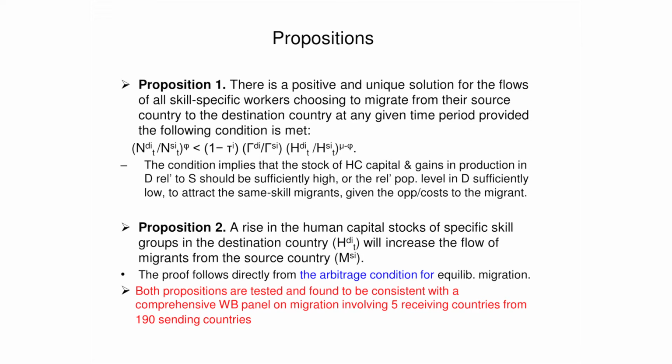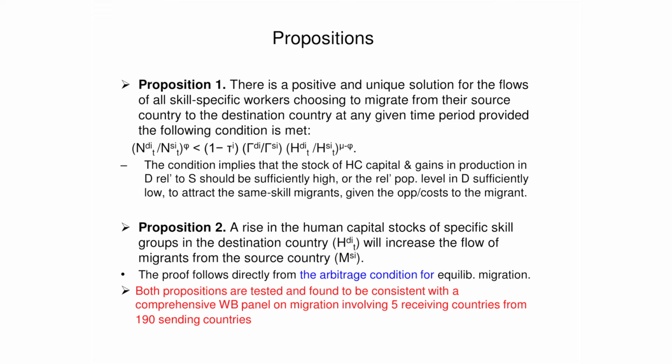This is what prompted our interest in exploring the actual data in the different countries, and we were surprised to find that the result that a skill-biased technological shock would increase the skill composition of migrants and allow it to overtake that of the natives comes out of our model, and the data are compatible with it.